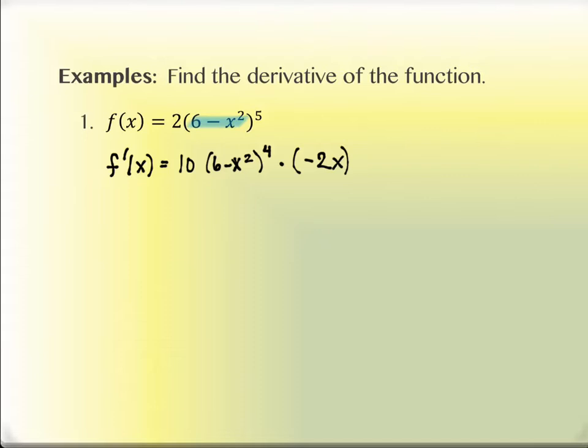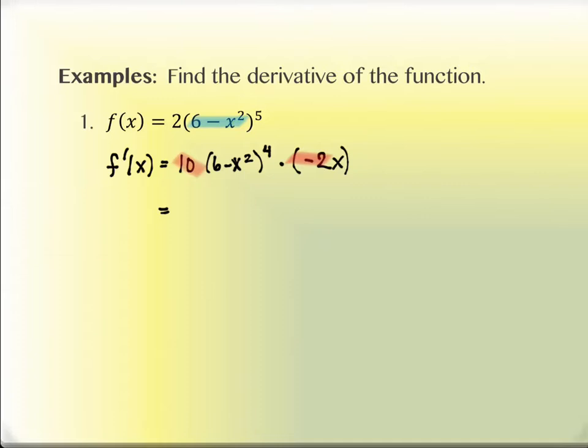Everybody okay now? Okay, so on a gateway, we would stop here. But for what we're doing, there's no reason that we can't clean this up. The pieces that we can clean up, oh, I should change colors because I was using blue to represent something specific, is the 10 on the outside. Let's try red. The 10 on the outside and the negative 2x. Those can be multiplied together. Right?